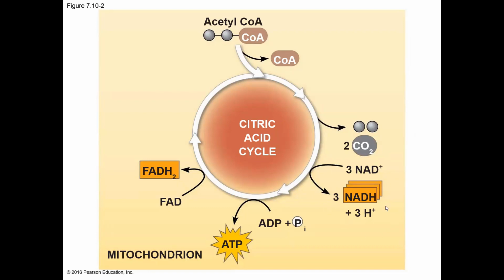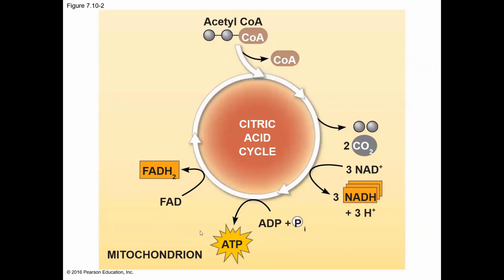We also have the electrons that were stripped from that process get gained by NAD plus to form NADH. So we have 3 NADH forming. We also have ATP forming, and we have 1 FADH2 forming from FAD.